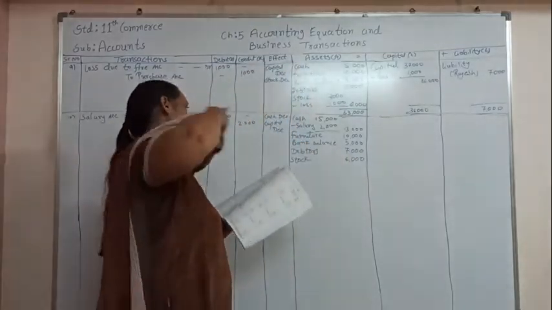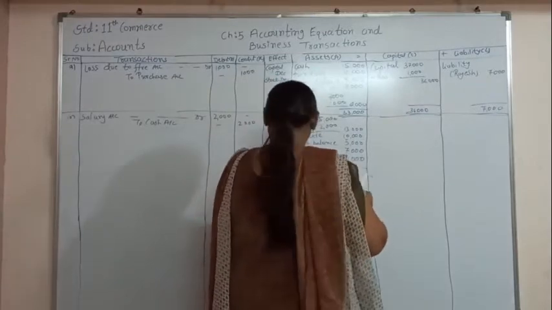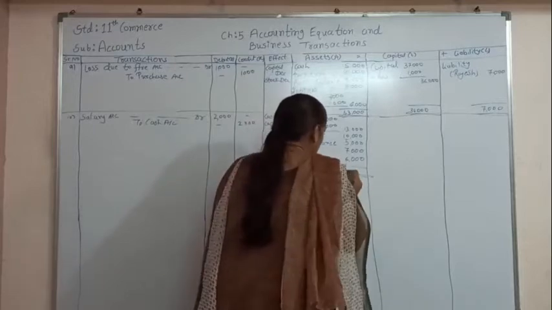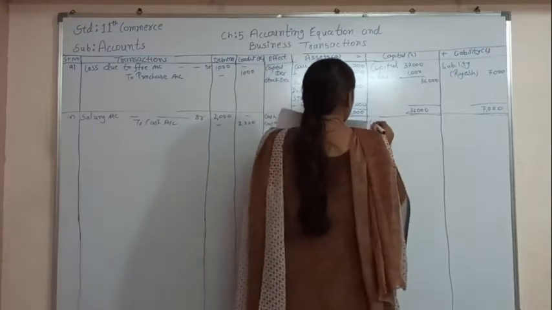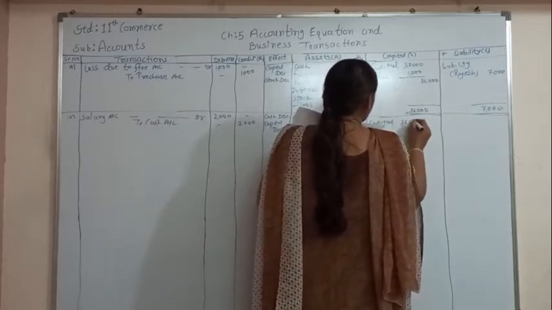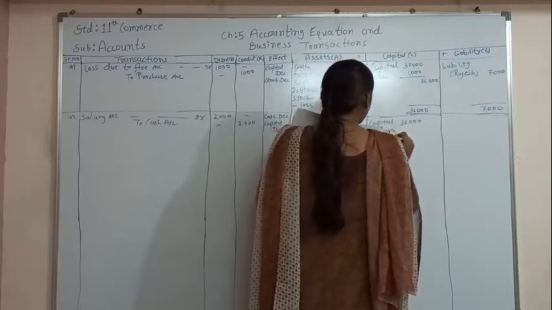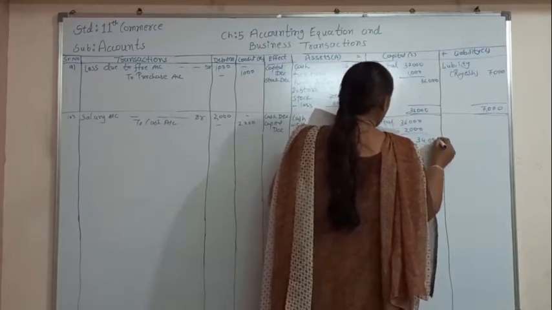So total of this will be 41,000. And here capital will be 36,000 minus salary paid rupees 2,000. So capital is going to remain 34,000.